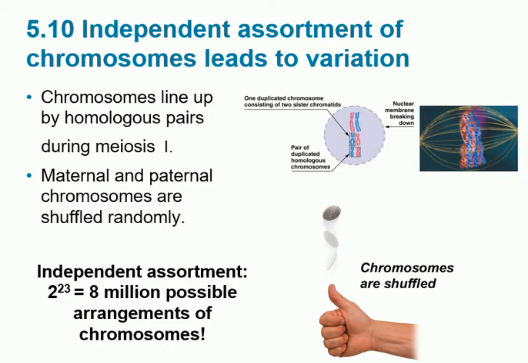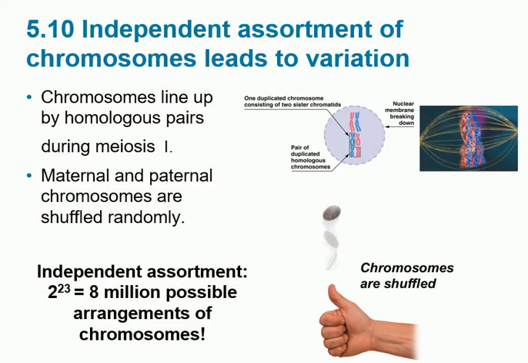So this is called independent assortment. And if you talk about it, it's 2 to the power of 23. That will give you 8 million possibilities just for this one. Why? Because you don't know how it's going to be arranged. This with this, or this with this, or you flip it, right? You have all 23 and they can be arranged somehow.